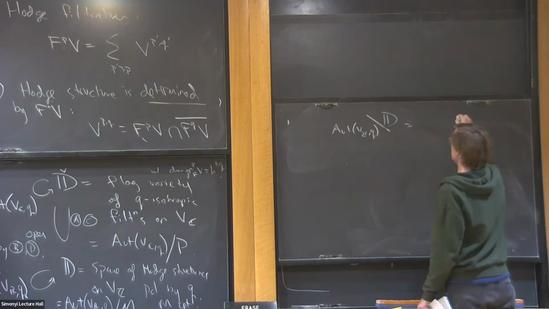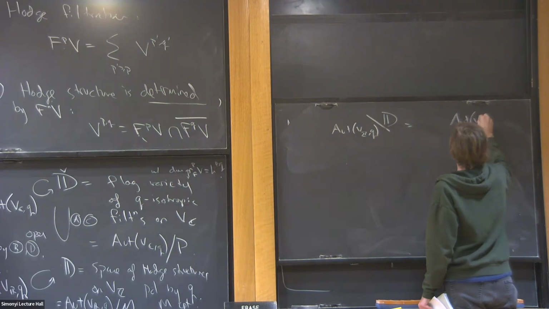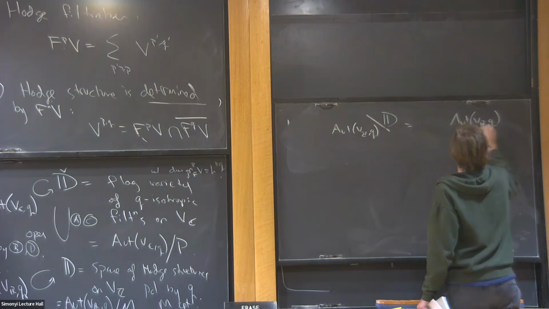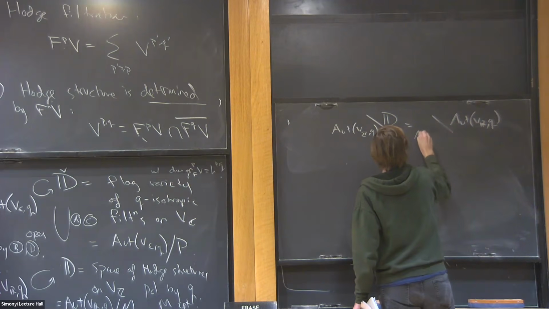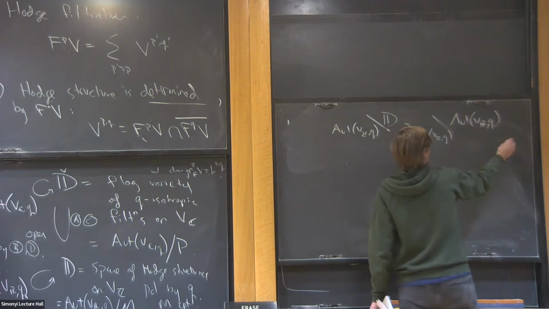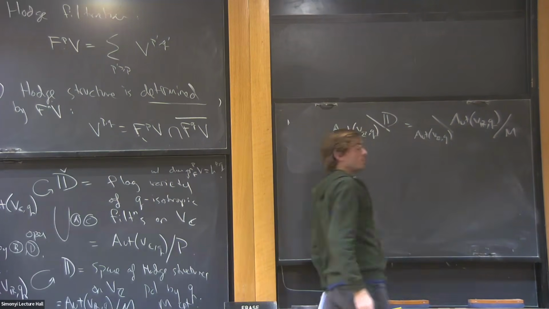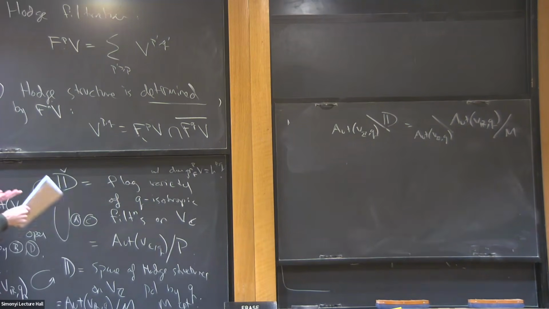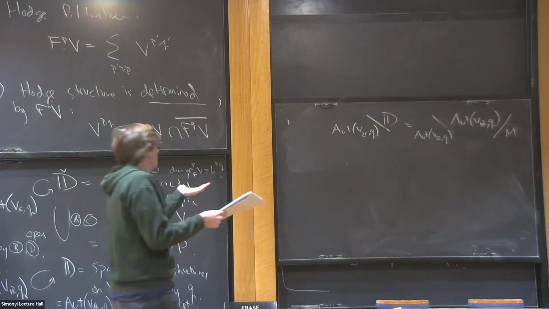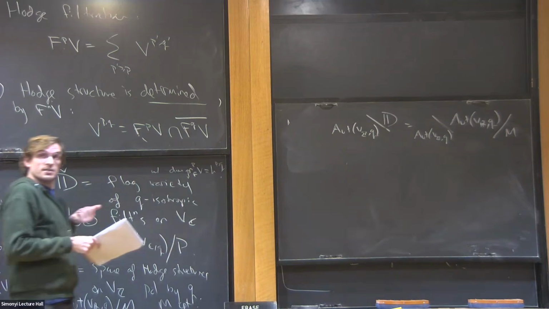Well, this is just this space, modulo on the left by a discrete subgroup. So it's just the integral points from this real group, modulo compact group. So this is a reasonable manifold, which in addition has the structure of a complex manifold.